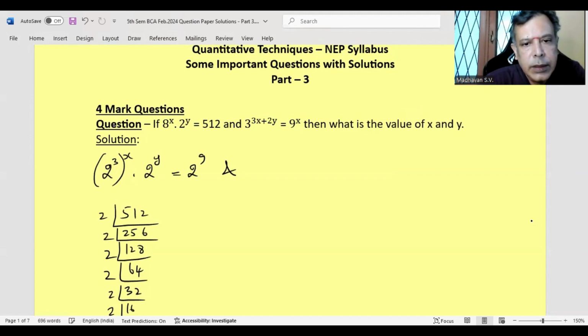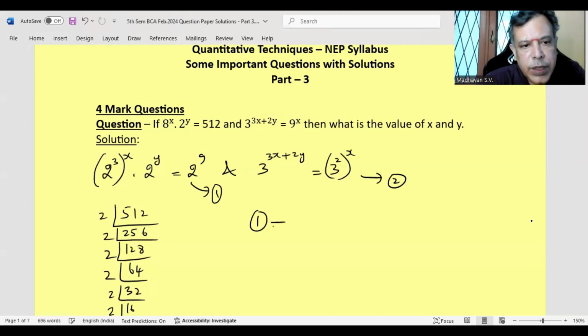And then the second one, 3 power 3x plus 2y. 9 can be written as 3 square to the power of x. So consider this as equation 1 and this as equation 2.